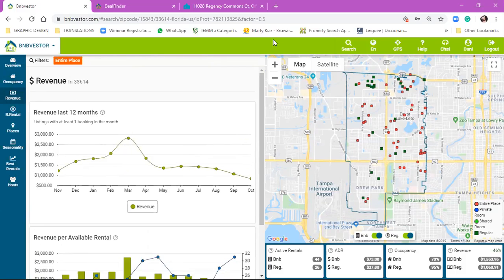Okay, let's go ahead and take a look at the other zip codes that we have over here. So I have 33809. Let's see.